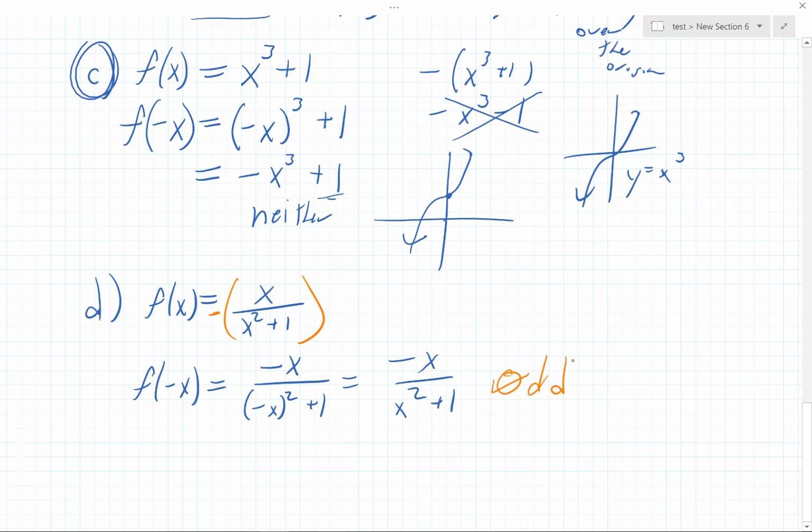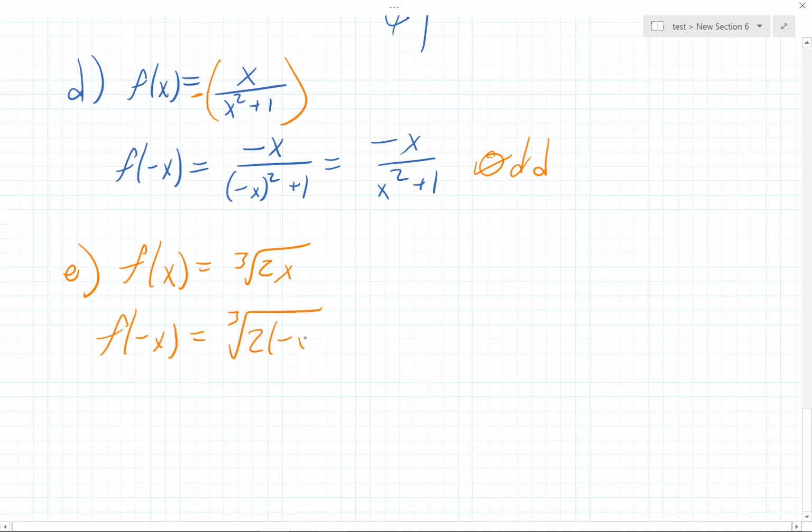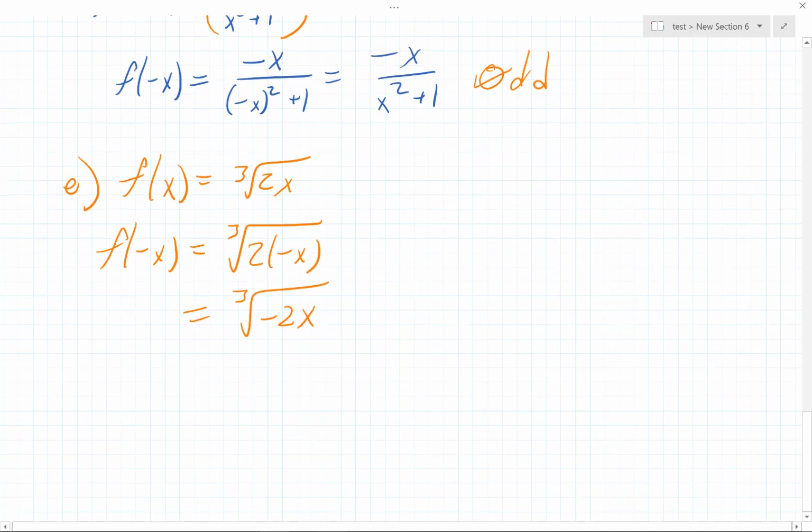That is odd. And then for E, same thing. If we look at what happens when we plug in a negative x, we're getting the cube root of 2 times negative x, which is the cube root of negative 2x. And for a cube function, you are allowed to go ahead and pull out that negative from the cube root. This is okay.